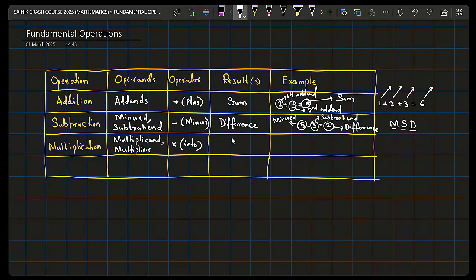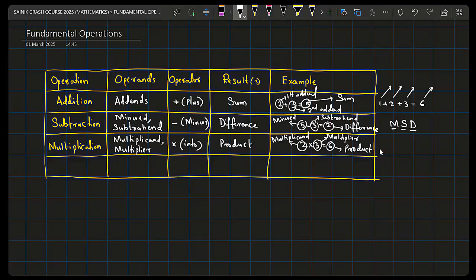So the result for multiplication is called product. The result of multiplication is product. Let's take 2 into 3 is equal to 6. So this 2 is called multiplicand, which is getting multiplied, that is called multiplicand, and which is multiplying, that is called multiplier, and the result of multiplication is called product.